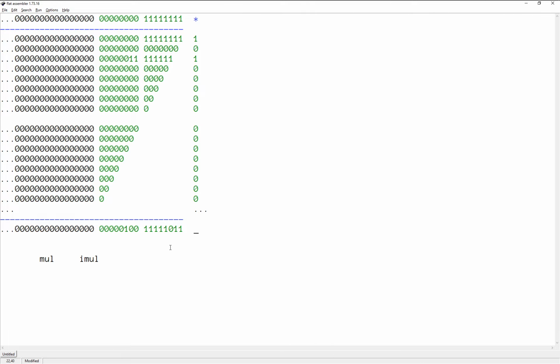Let's see it in action. We need to put the first number into A register, AL in this case, because this is an 8-bit number. And the second number can go anywhere else.